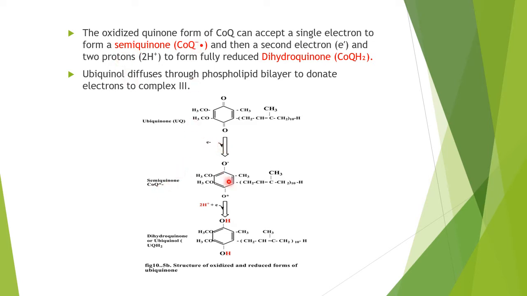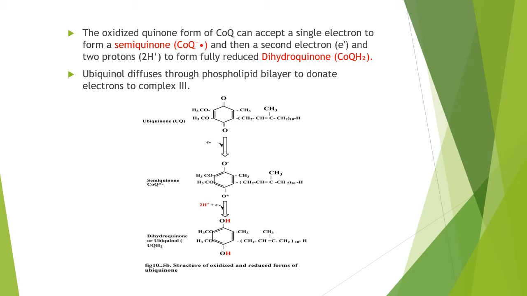Then a second electron and 2 protons form the fully reduced dihydroquinone. This ubiquinol, or dihydroquinone, diffuses through the phospholipid bilayer to donate electrons to complex third.